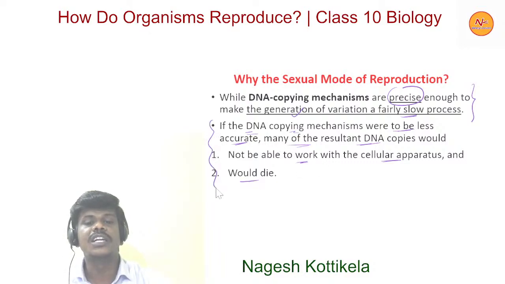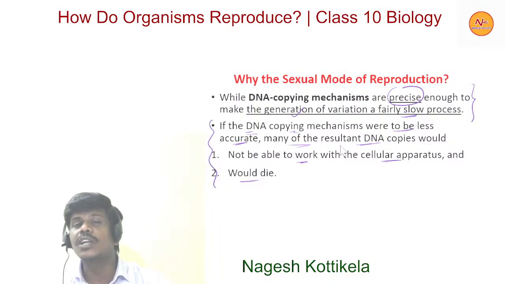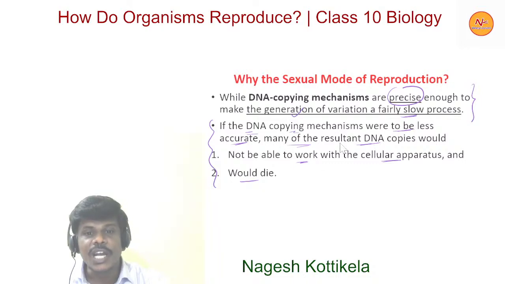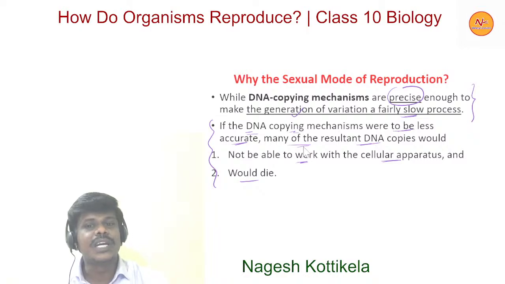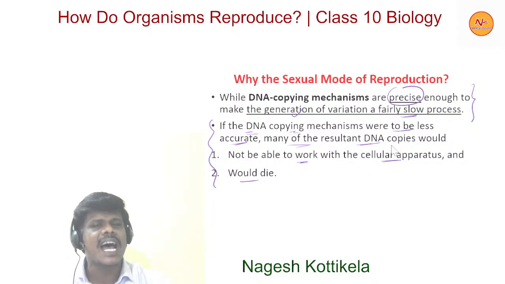This is the consequence if the DNA copying mechanisms were to be less accurate. Many of the resultant DNA copies, because of abnormal variations, would not be able to work with the cellular apparatus, and as a result those new cells will die.